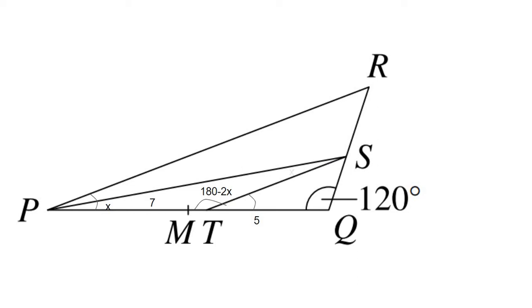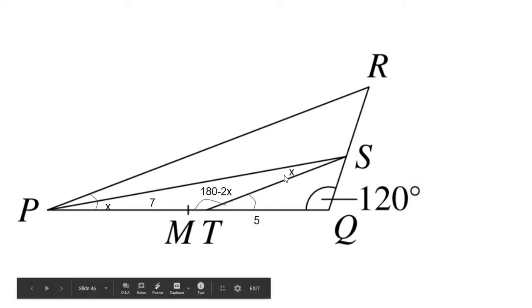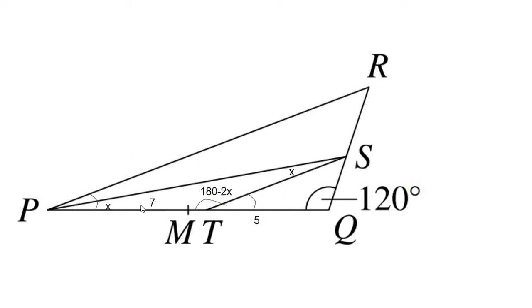That way we can find that this value is also x. Because we have two congruent angles, we know that this is an isosceles triangle, and the sides opposite these angles must be congruent, meaning this 7, which is PT, must be congruent to TS. So we'll put that in.